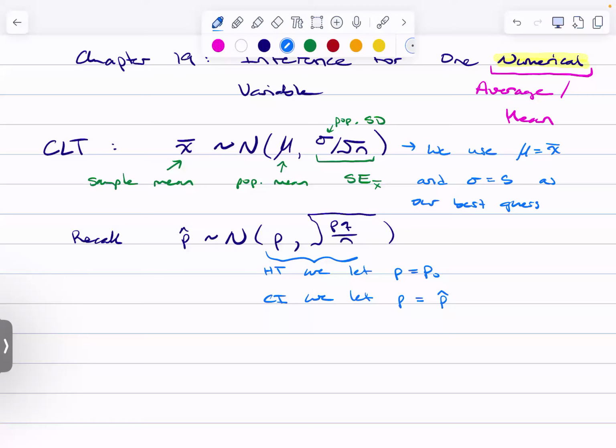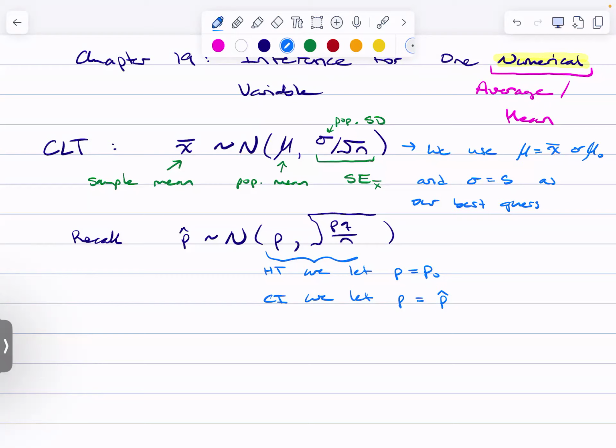What's really nice is notice here we had different scenarios depending on if we did a hypothesis test or a confidence interval. I'm not making that distinction here. And that's really nice because that means that overall, we're just always going to use X bar, or I guess one distinction, mu naught, depending on the situation.